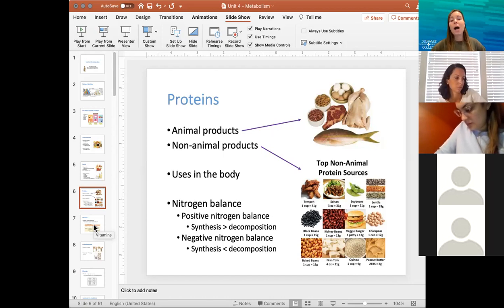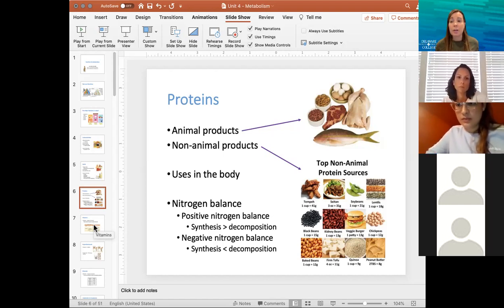You would see a positive nitrogen balance if you're making more proteins than you're breaking down. You would see that in situations like periods of extreme growth or tissue repair.